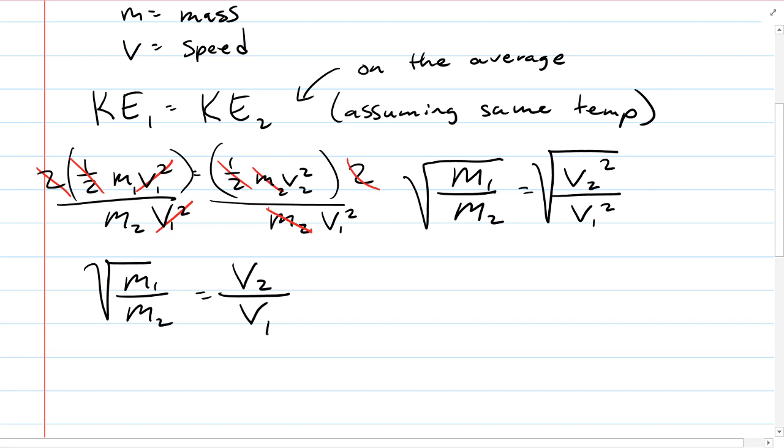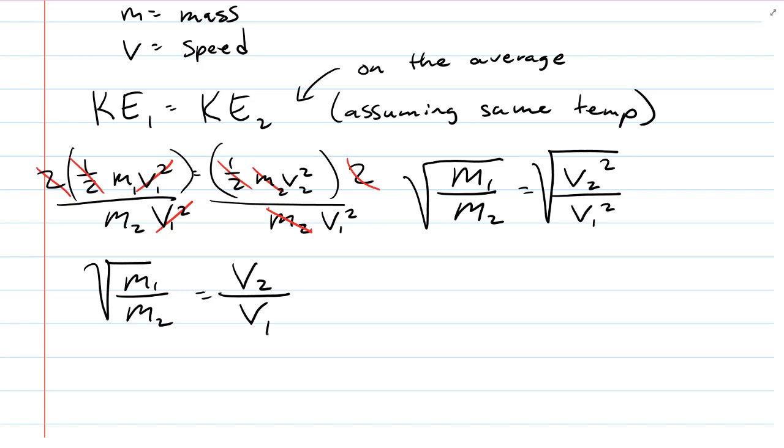Now you might say, what the heck does all this mean? If we look at the ratios, basically the larger the mass, that is, if m2 is greater than m1, the value of this side is going to be less than 1. So v2 over v1 is going to be less than 1. In other words, v2 is going to move at a slower speed than v1.